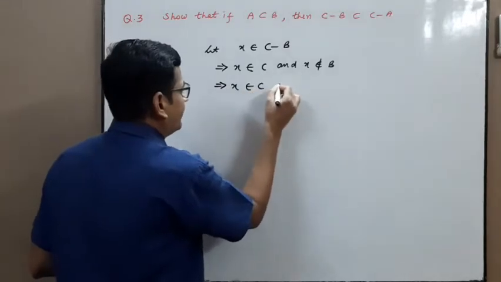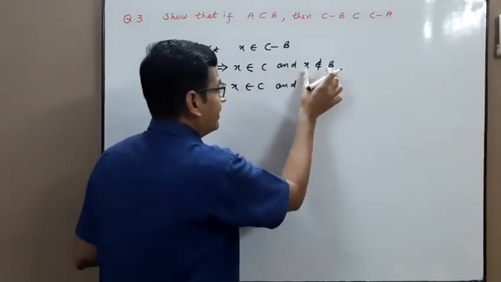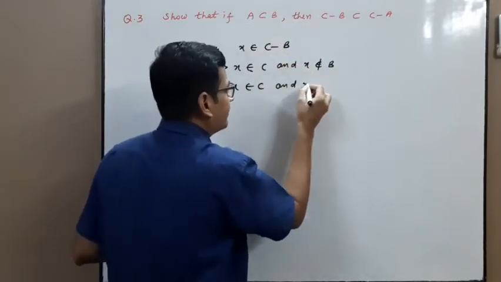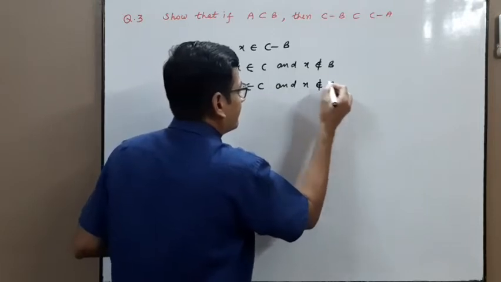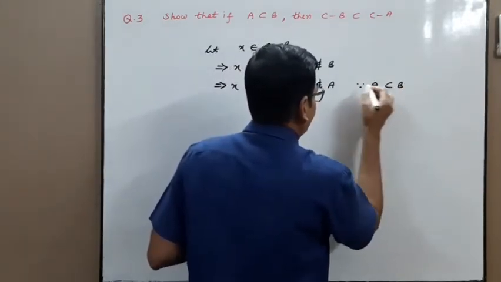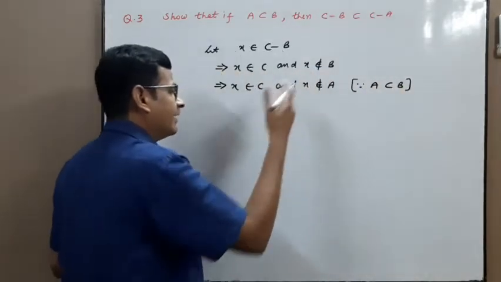X belongs to C and X does not belong to B, and A is a subset of B, means X does not belong to A. Since A is a subset of B, every element of set A is also an element of set B. If X is not in B, how can it be in A?